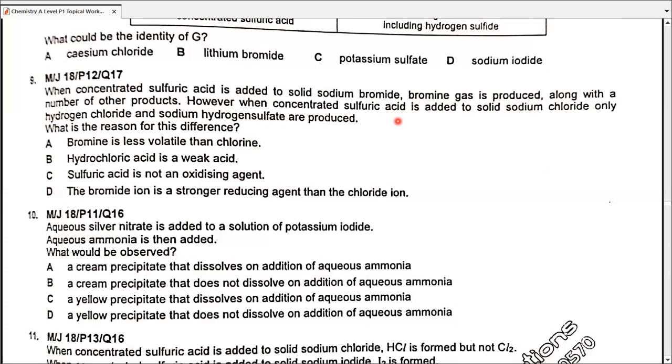Yes, Saiba. What do you think? D. Yes, D. Okay, volatility has nothing to do with it. Hydrochloric acid is not a weak acid. Sulfuric acid is actually acting like an oxidizing agent. So the only correct option would be D.